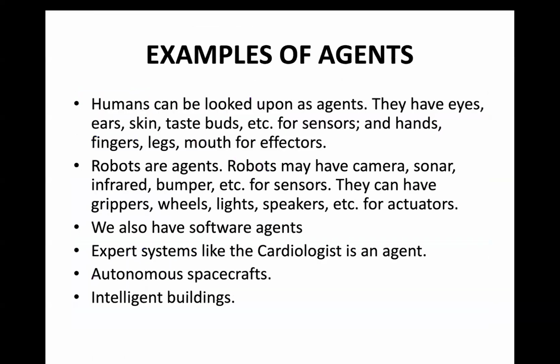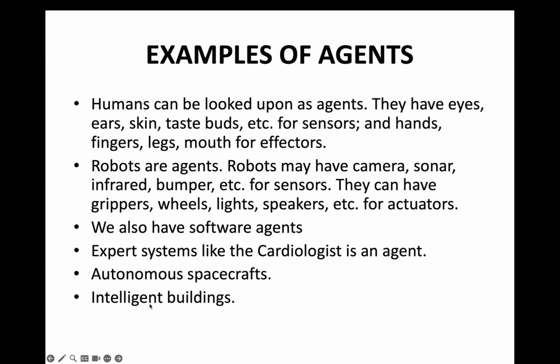All right. So we've given examples of agents so far. We can also have software agents. Remember in the previous video, we did look at the Grammarly software. We also have today chat bots and things like ChatGPT. All those are examples of software agents that we now have.